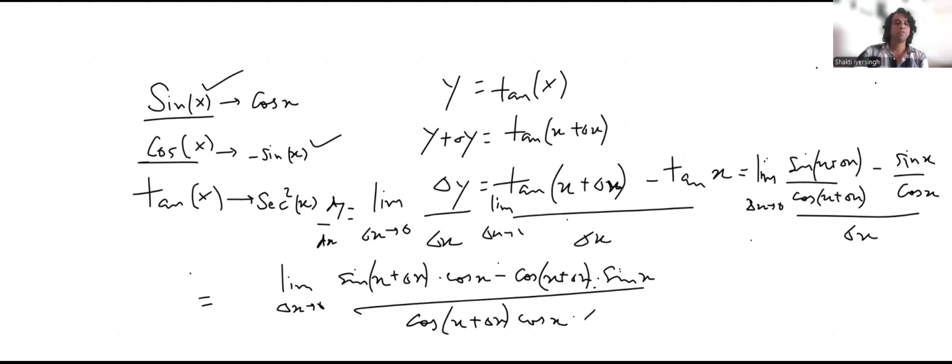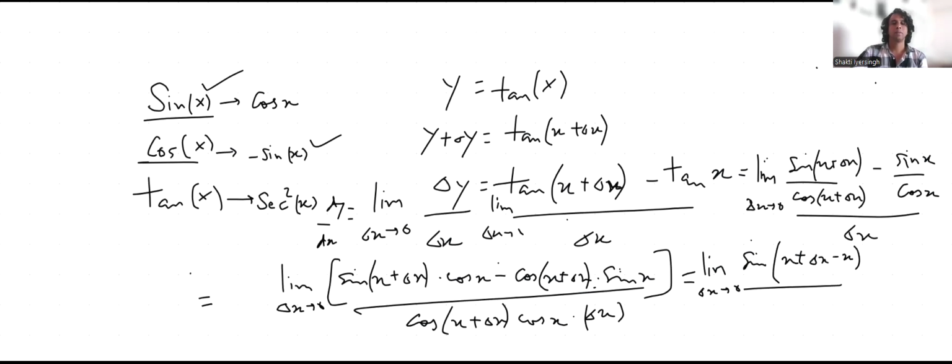Now let's see what this looks like. This looks like sine A cos B minus cos A sine B, which is nothing but sine A minus B. So this is going to give us sine of x plus delta x minus x upon delta x times cosine x plus delta x times cosine x.